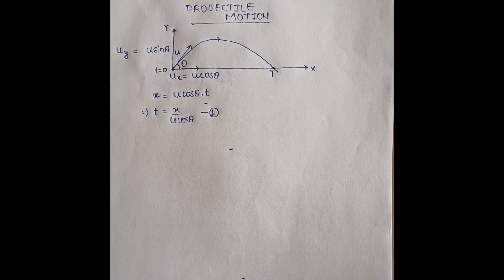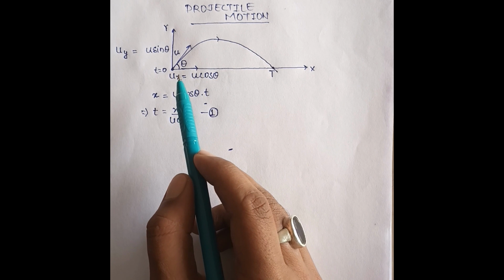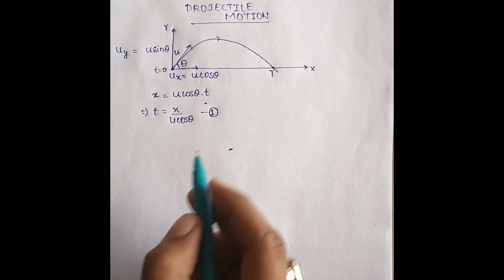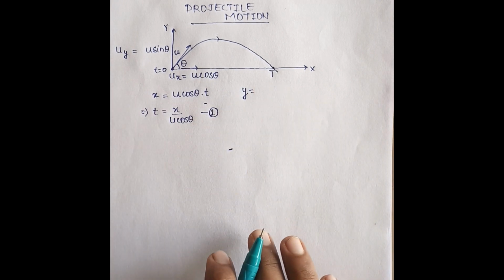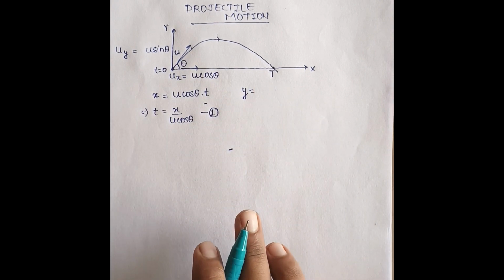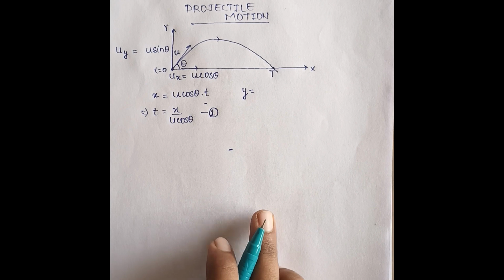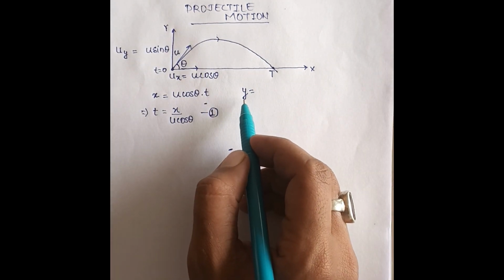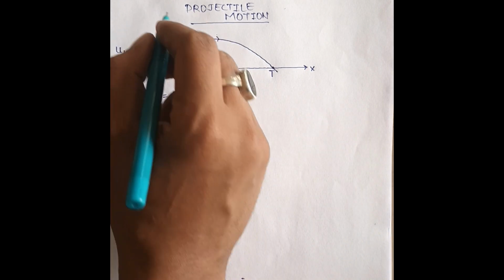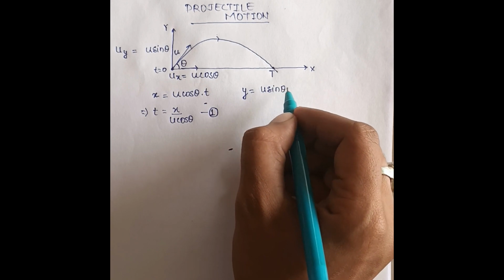And students, the object is also moving in the y direction. Along the y direction, from Newton's equations of motion, displacement s equals ut plus half at square. For the vertical component, let us consider the displacement is y and the velocity along the y-axis is u sin theta, multiplied by t.